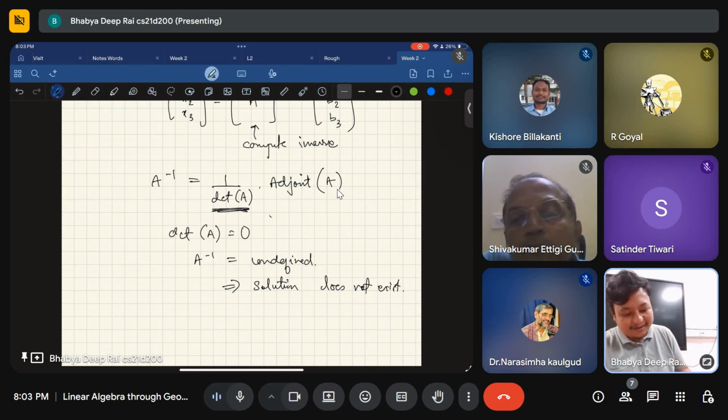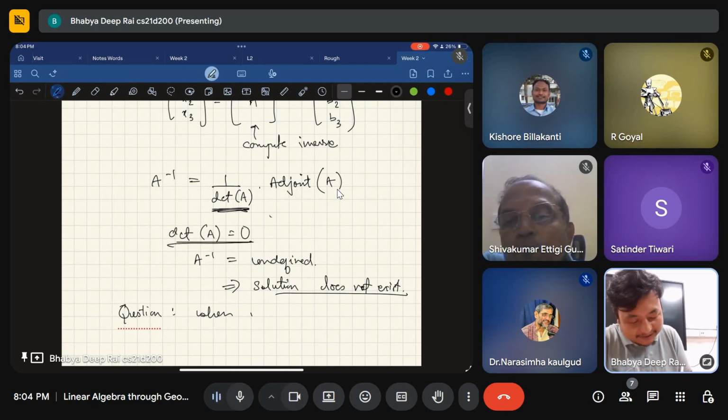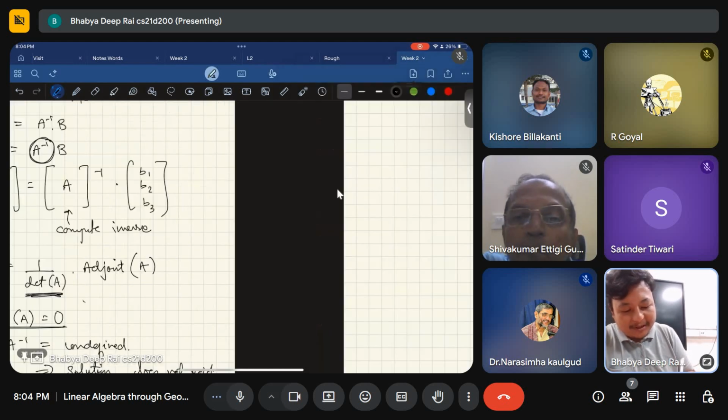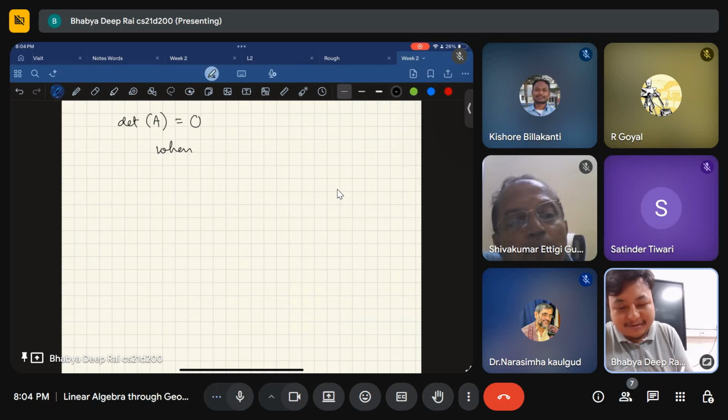And interestingly, now the question is, when does the solution not exist? When determinant of A is equal to 0. Now I ask you, when is determinant of A equal to 0? Determinant of A equals 0 when the rank of the matrix A is less than n.